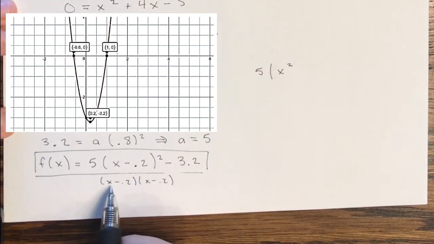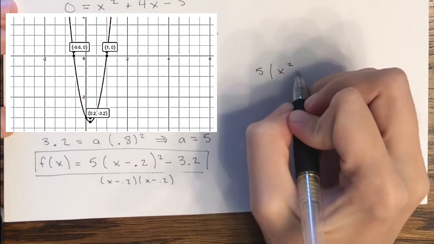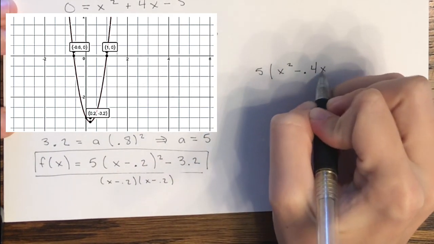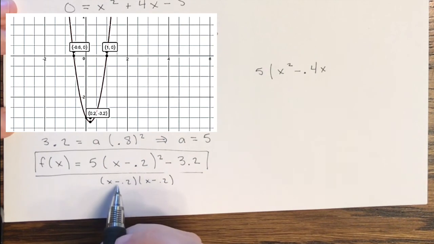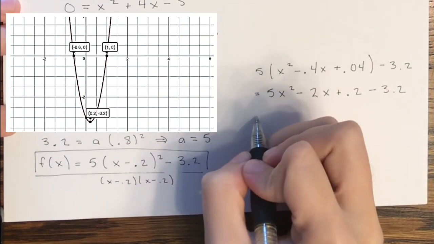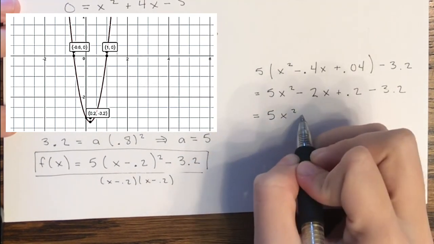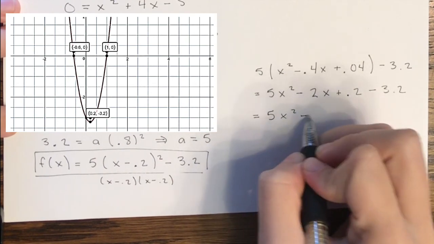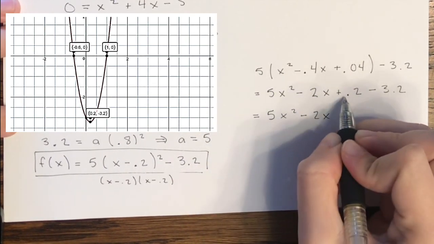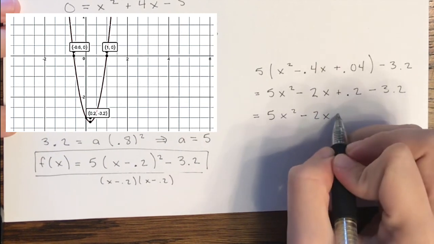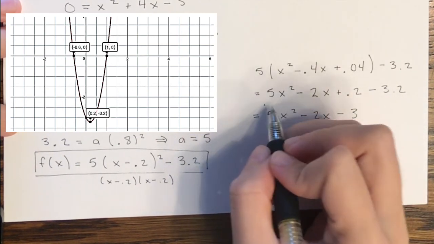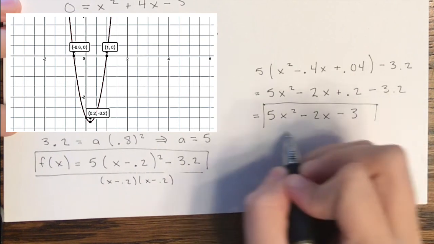I add the outside terms, negative 0.2x, to the inside terms, minus 0.2x. So we end up with minus 0.4x. And then 0.2, so we have 5x squared minus 2x, and then positive 0.2 minus 3.2 gives me negative 3. So this is the equation in standard form.